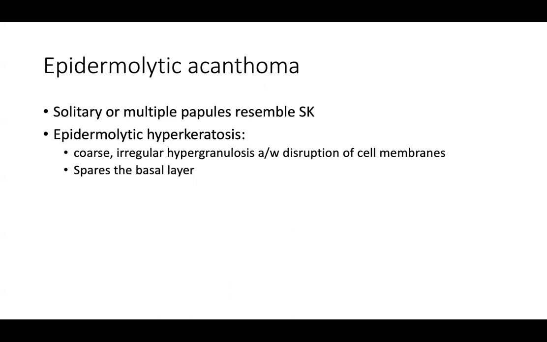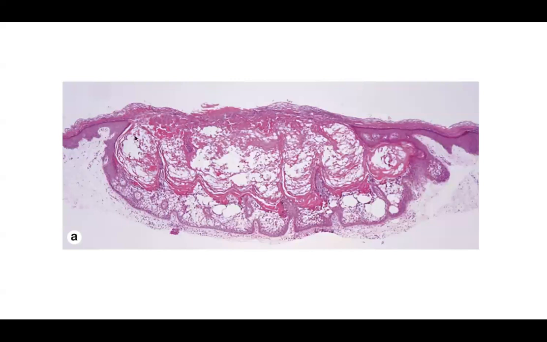This appears as coarse, irregular hypergranulosis associated with disruption of cell membranes, and it spares the basal layer. So here you see epidermolysis and epidermolytic hyperkeratosis, where you've got these clear, almost vacuolation that just destroys the architecture of the keratinocytes, and overlying hyperkeratosis.